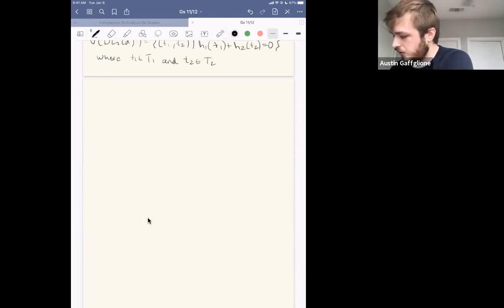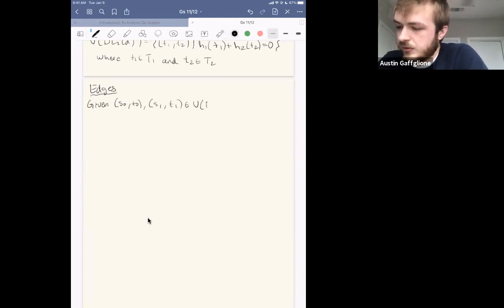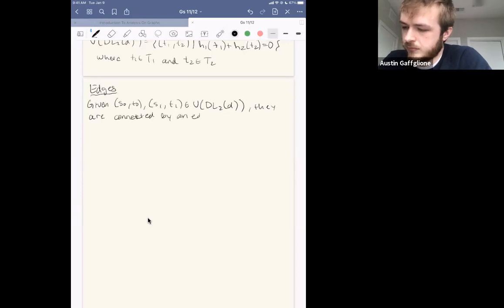So now we can talk about the edges of this graph. If I'm given (S0, T0) and (S1, T1), and these are vertices in my Diestel-Leader graph with respect to 2 trees of valence D, they are connected by an edge if S0 is connected to S1 and T0 is connected to T1.